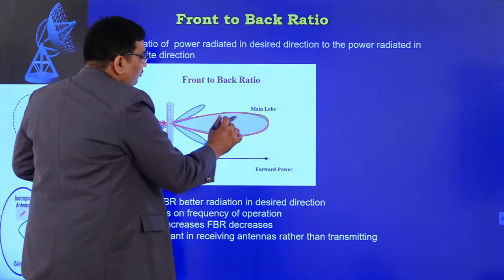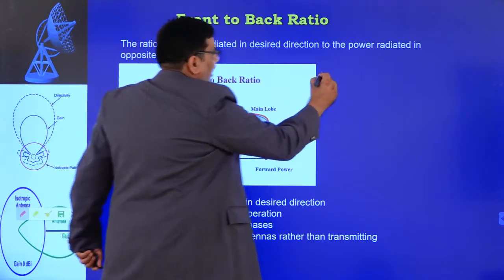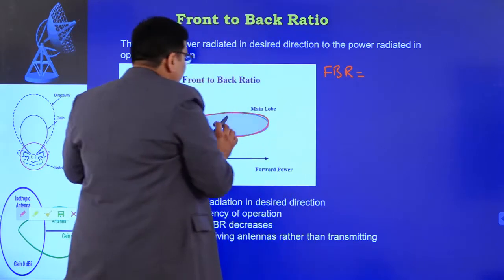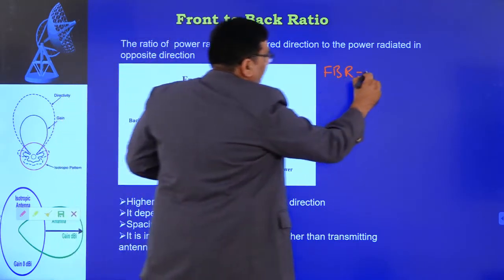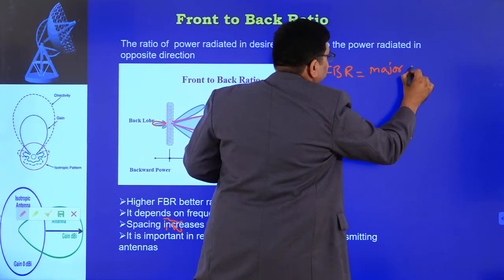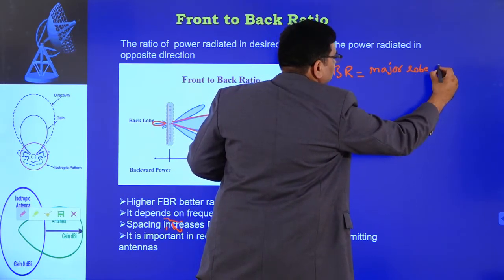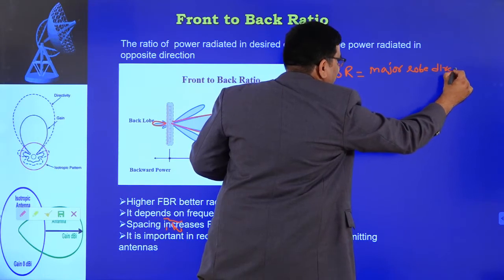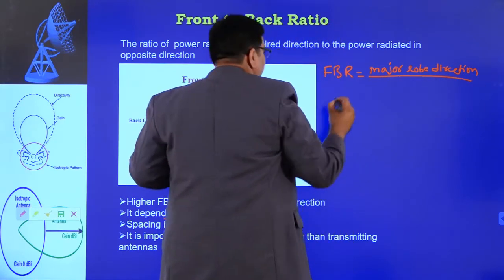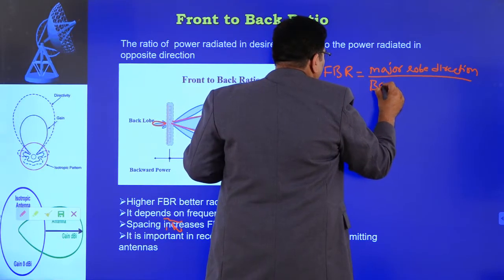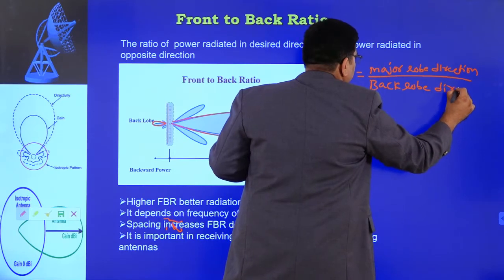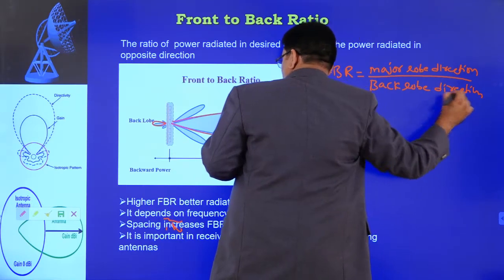The front to back ratio, FBR, is equal to the radiated power in the major lobe direction, the desired antenna direction, by that in the undesired direction, that is the back lobe direction. That is called front to back ratio.